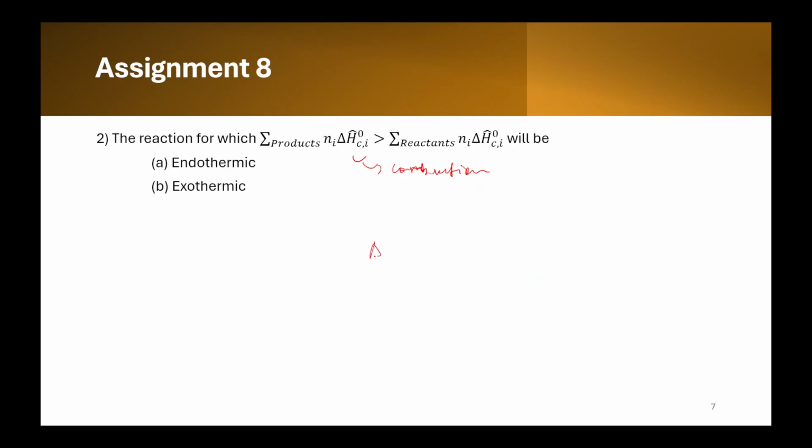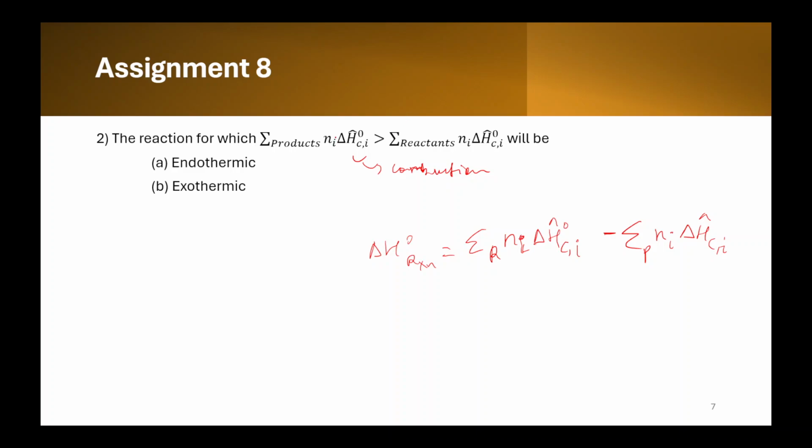If we need to compute the standard heat of reaction using these, the formula is, reactants first, summation of Ni delta H Ci standard and specific, minus summation of, this is P, keep in mind, Ni delta H Ci and specific. So R minus P.